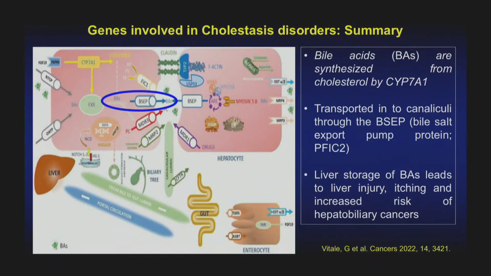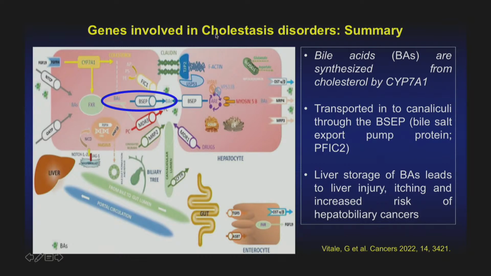So I'll just spend 1 minute on this slide because this is a very good review that summarizes the entire mechanisms in cholestasis with respect to the genetics and the proteins that are involved. So it is summarized elegantly here. Say, for example, bile acids are synthesized from cholesterol by a gene called CYP7A1.